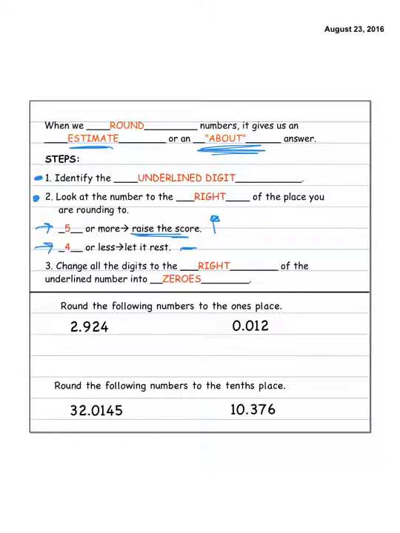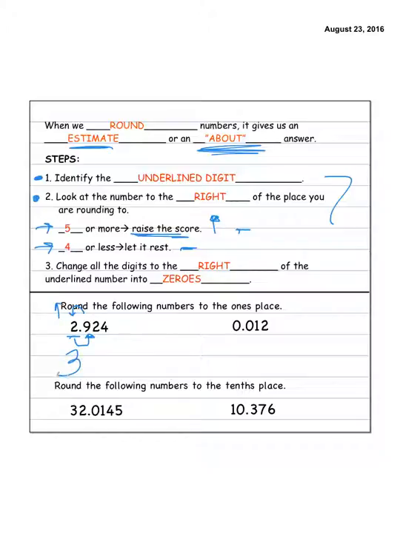So round the following number to the ones place. So we find the ones place. I'm going to underline it. Then I look at the number to the right of the place we're rounding to. So I look at my 9. It's above 5, so that tells me that this 2 has to go up.